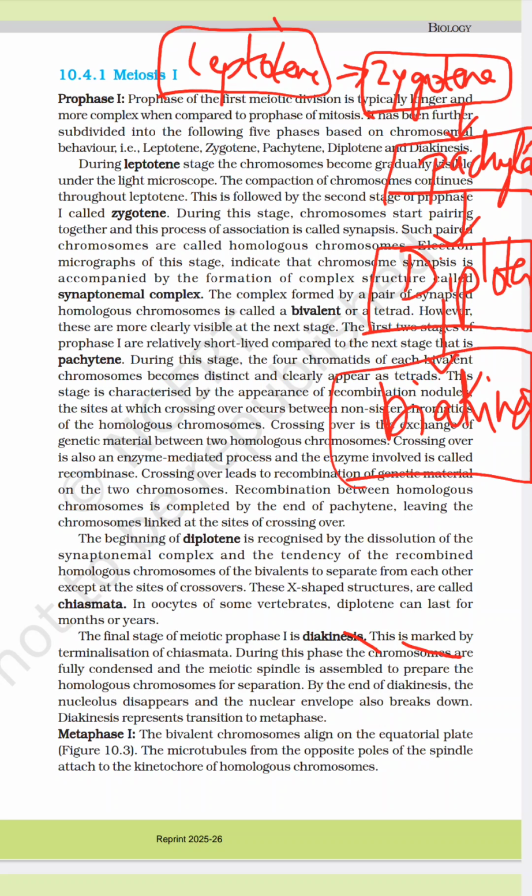At the end of diakinesis, the nucleolus and nuclear envelope all disappear. This is all about meiosis 1.